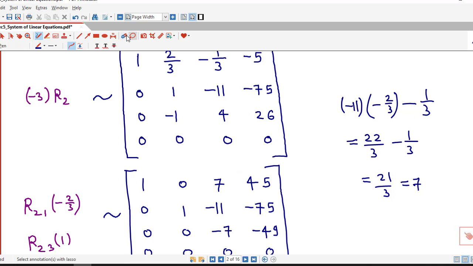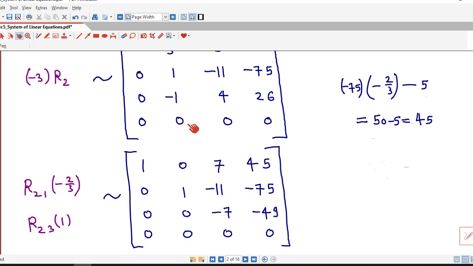Similarly minus 75 into minus 2 by 3, and we have to add in minus 5. So we write minus 5 here. So this is going to be 75 divided by 3 which is 25, into 2, and negative negative positive. So we obtain 50 minus 5 which is 45.